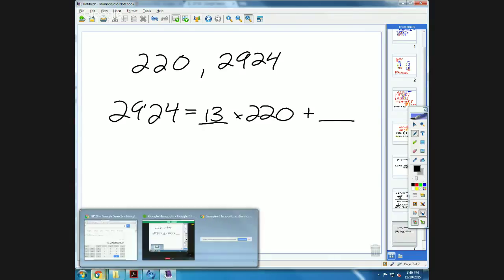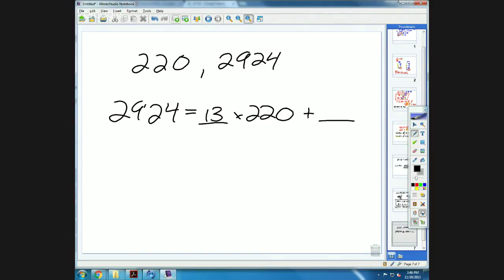Anybody else get that? Okay. So 64 is our remainder. The 13 is what you call the quotient. The 64 is what we call the remainder from the division. And we can just try again. Next we take 64 into 220.